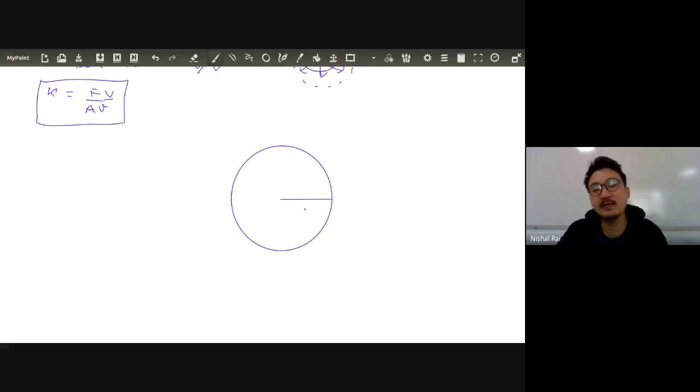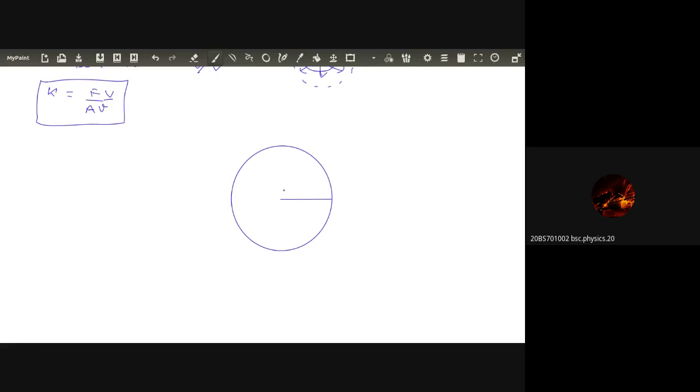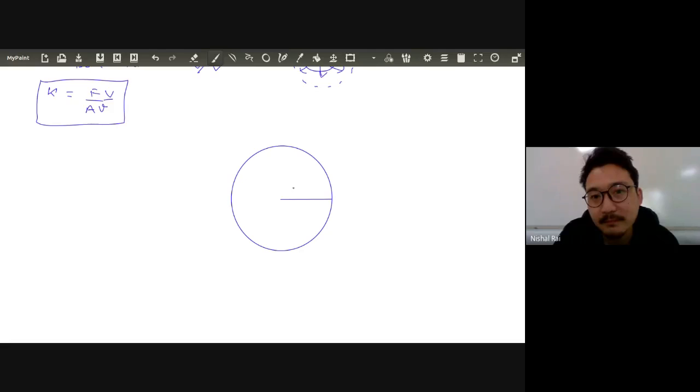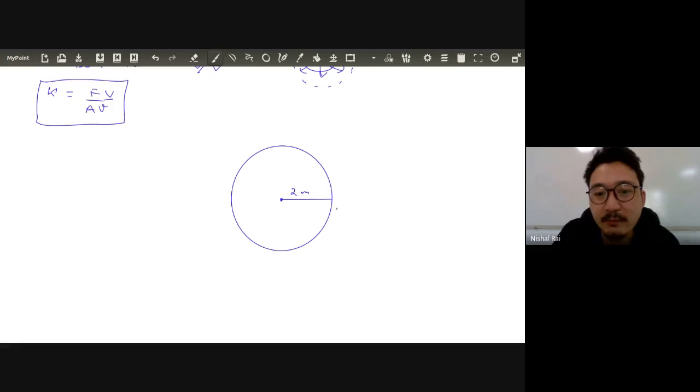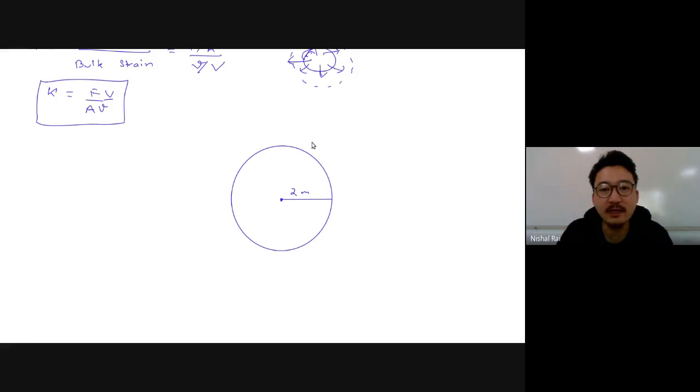You can pick any number. 2 meter. Okay, let's put it as 2 meter. Initially, the balloon was of size 2 meter. Now you started blowing or you applied a certain amount of force.